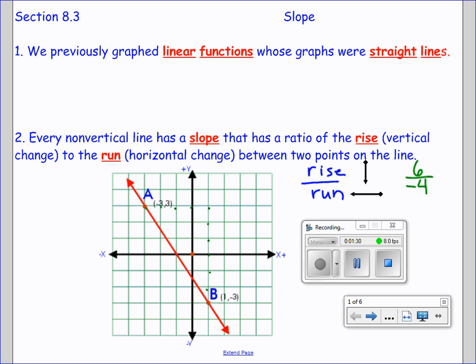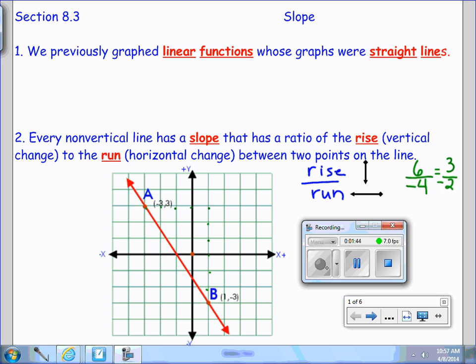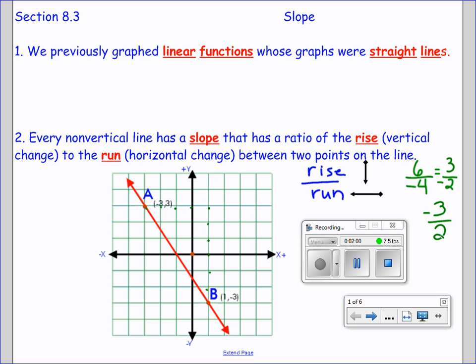So my rise is 6, my run is -4, but as always in this ratio we are going to simplify it to 3 over -2. So note we took from B, we went up 6 positive and to the left a -4, and then we simplified that to be our slope for this particular function, -3 over 2. You can put the negative either in the numerator or denominator, and it means the same thing.